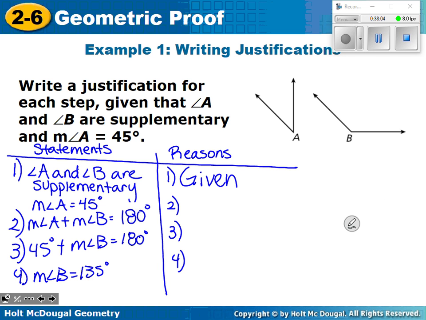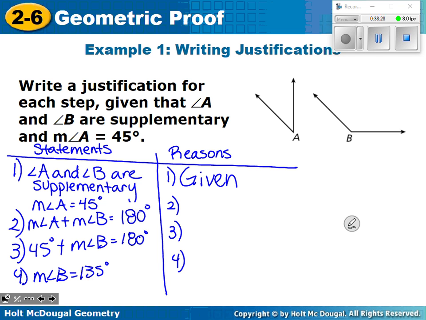So what definition or property do we know that says A plus B has to be 180 according to what they just told us in number 1? Okay, exactly. Jackson said it a couple times up here. What did they tell us about A and B? They're supplementary. What does supplementary mean? It means 2 angles add to equal 180.